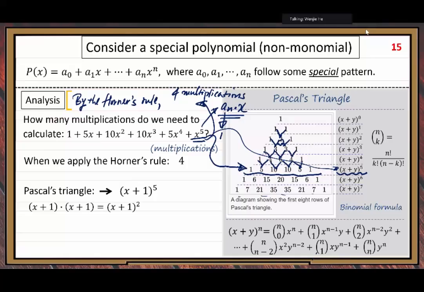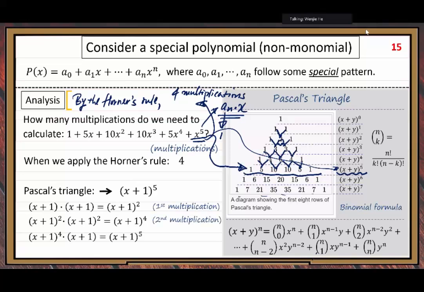We did the first multiplication, second multiplication, the third, one more, 3 multiplications. So in this way, we can reduce the multiplication number by 1. You can see, when we take advantage of the special structure, we can do better than Horner's rule.